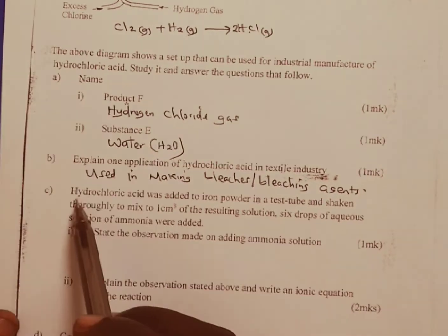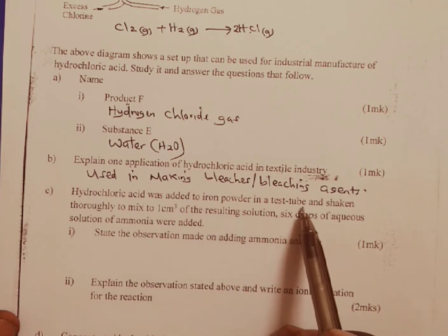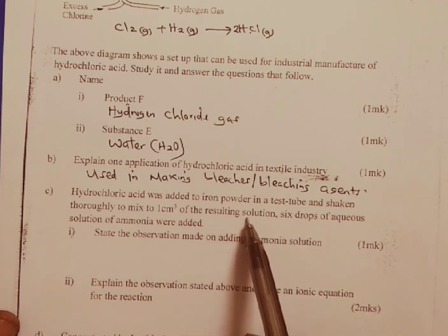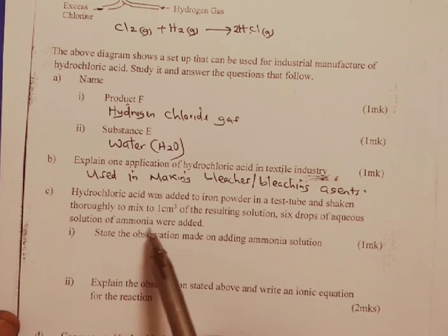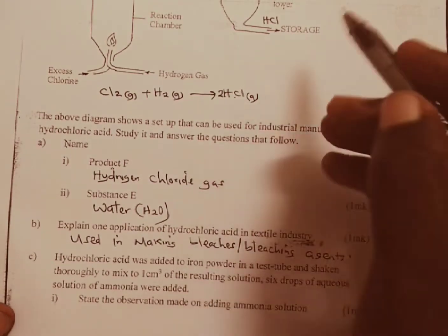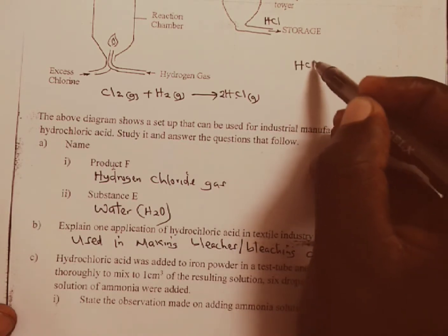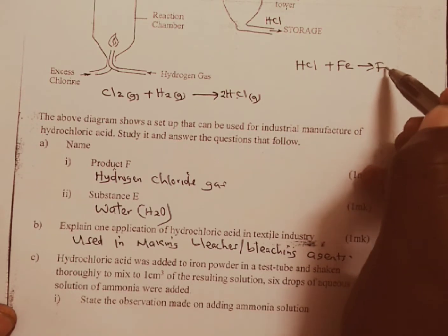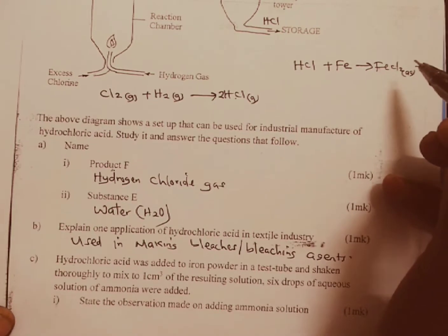C. Hydrochloric acid was added to iron powder in a test tube and shaken thoroughly to mix. To 1 centimeter cubic of the resulting solution, 6 drops of aqueous ammonia solution were added. Remember, we have hydrochloric acid reacting with iron to give us iron 2 chloride, which is a solution, plus hydrogen gas.